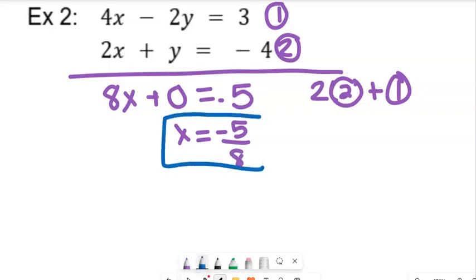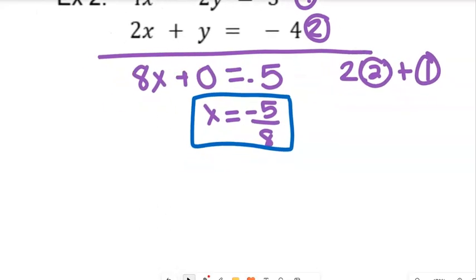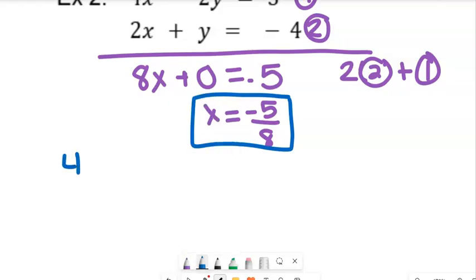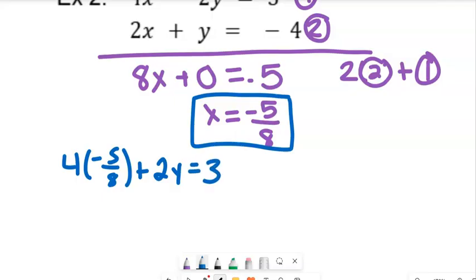Now that I have that, I can sub that into one of my two lines, doesn't matter which. So I have 4 times negative 5 over 8 plus 2y equals 3.